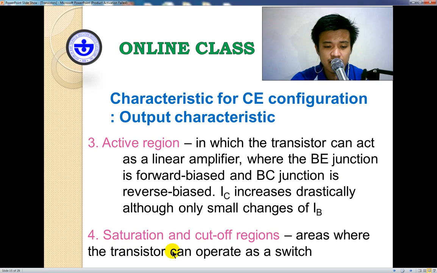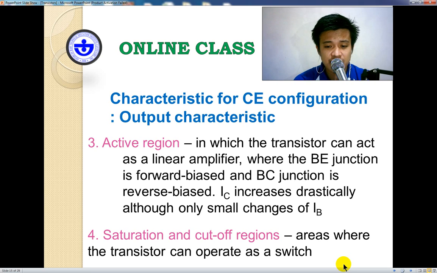And lastly, number 4, you have the saturation and cutoff regions, areas where the transistor can operate as a switch. Yes, when there is enough voltage or current on the base, then your transistor can act as an on switch. It means that it closes the circuit.